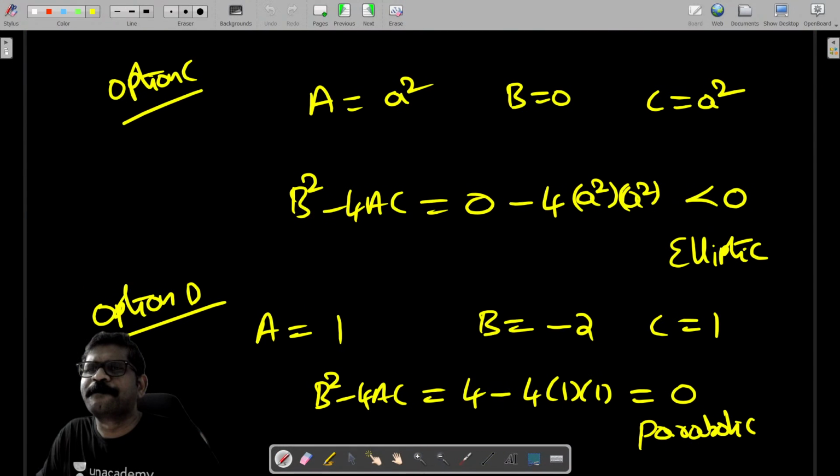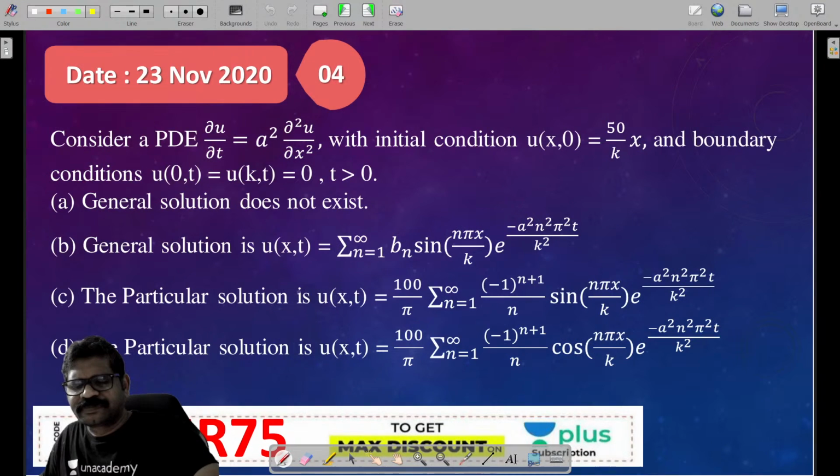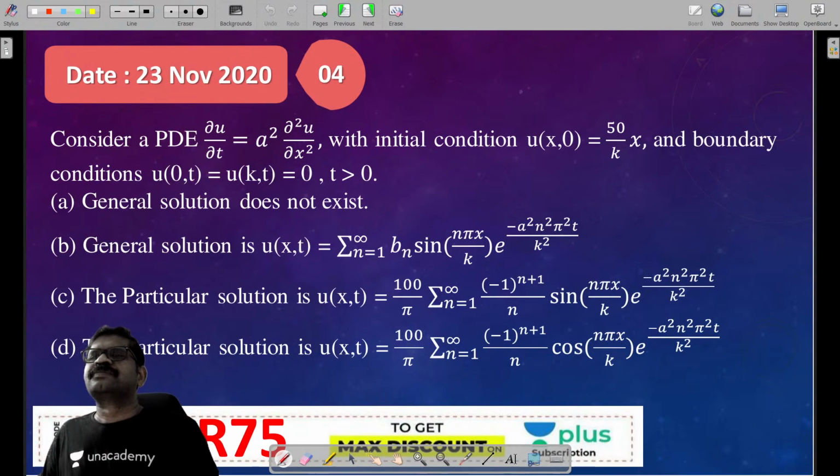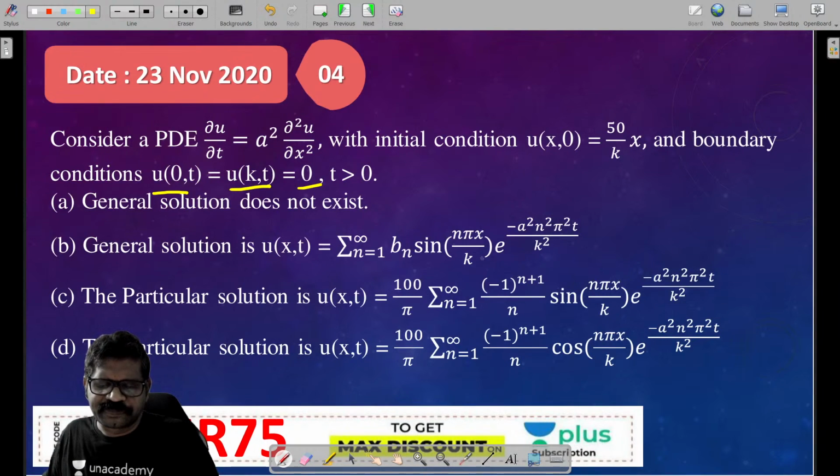Now, next problem. Del u by del t equal to a square into del square u by del x square, with initial condition u of x comma 0 is 50x by k. The boundary conditions are u of 0 comma t equal to u of k comma t equal to 0.